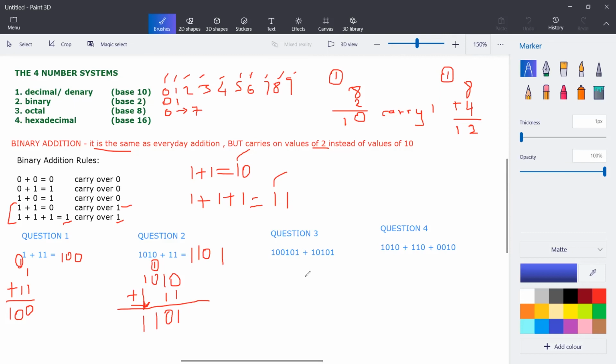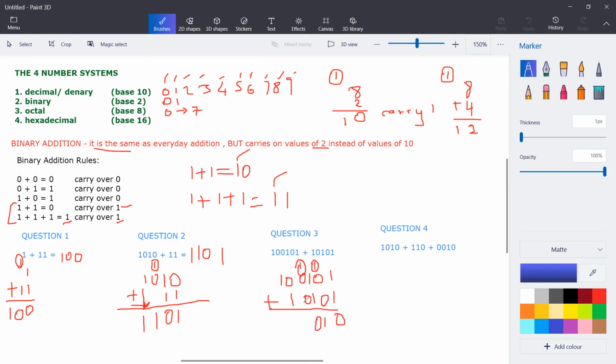All right? The third question, I'm having 1, 0, 0, 1, 0, 1. And I'm adding, let me just write it from the back so that it fits the format nicely, 0, 1, okay? So I'm adding these two. 1 plus 1, based on the second last rule, is 10. So I write 0, carry 1, all right? So the one I've carried plus 2 zeros is just 1, all right? Then I have again 1 plus 1 in the third positions. I'll end up with 10. So I write 0, carry 1.